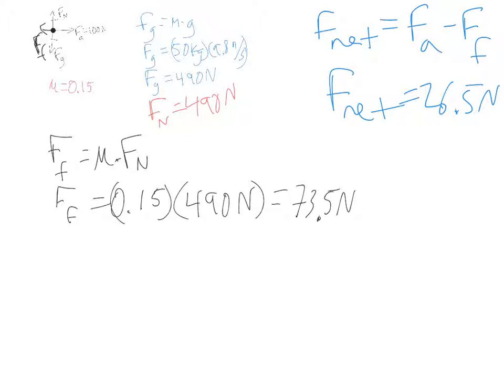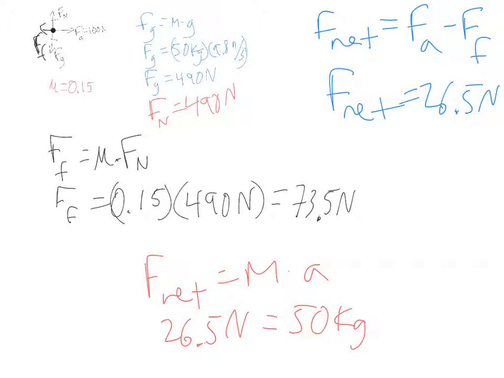Now we need to find the acceleration from that. So we can go down here, we'll say force net is equal to mass times acceleration. So 26.5 newtons is equal to 50 kilograms times the acceleration. We want to solve for acceleration.